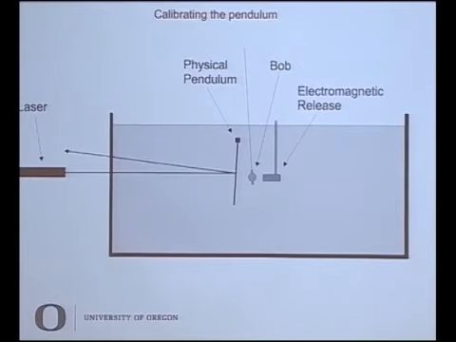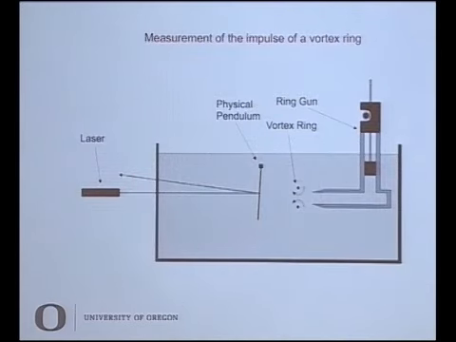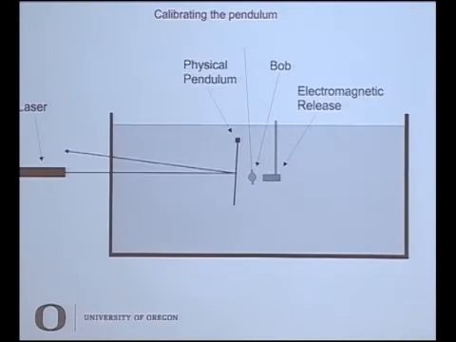So it occurred to Ian Sullivan and me that maybe the thing to do is to make a physical pendulum, and we decided the way to do it was to take an aluminum plate, which was actually 6 by 6 inches, on a knife edge bearing here, and fire vortex rings at that physical pendulum, really.